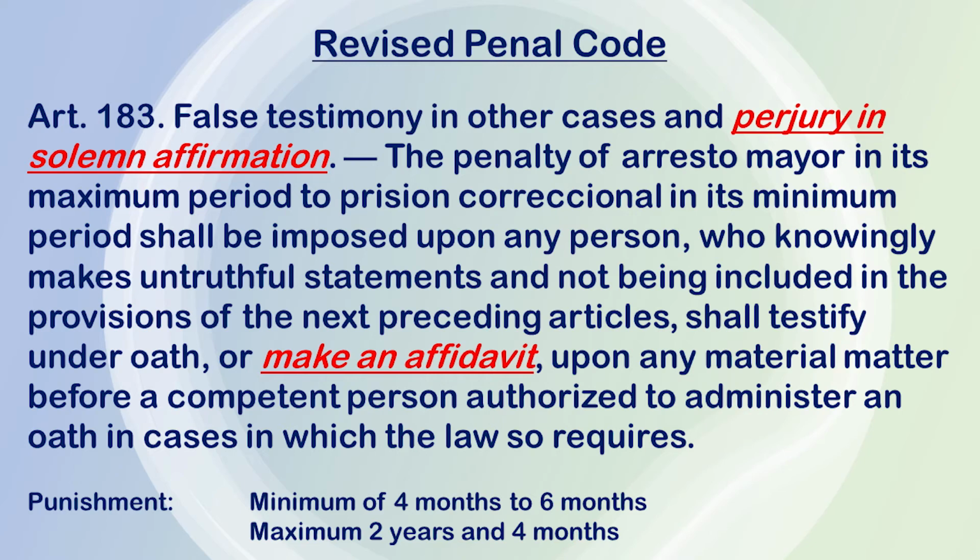Well, in the Philippines, the crime of perjury is in Article 183, which states false testimony in other cases and perjury in solemn affirmation. The penalty of arresto mayor in its maximum period to prision correccional in its minimum period shall be imposed upon any person who knowingly makes untruthful statements, and not being included in the preceding articles, which is false testimony, shall testify under oath or make an affidavit upon any material matter before a competent person authorized to administer an oath in cases which the law so requires.